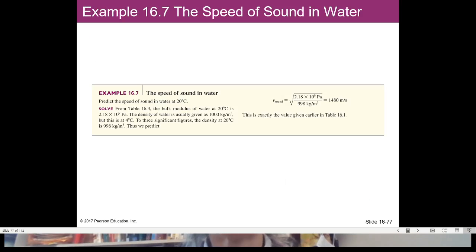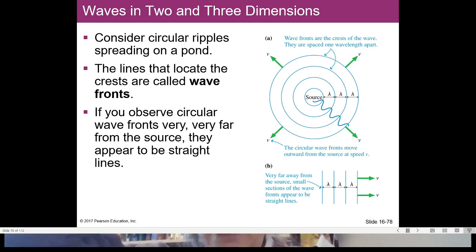Okay. All right. Let's talk about waves in 2 and 3 dimensions. Okay. So in 2 and 3 dimensions, we've got essentially the exact same thing as we did in 1 dimension, except now instead of just the one axis in real space, x, we've got x and y, or maybe even x and y and z.